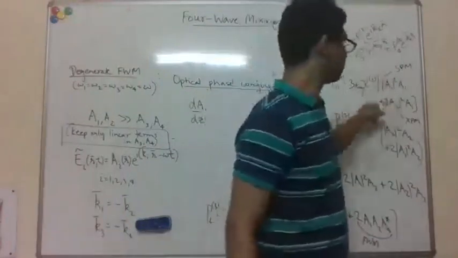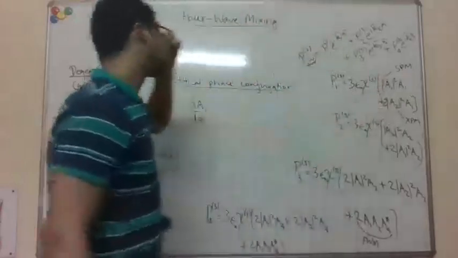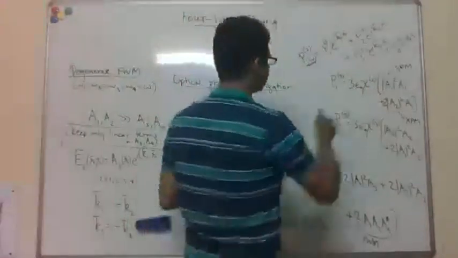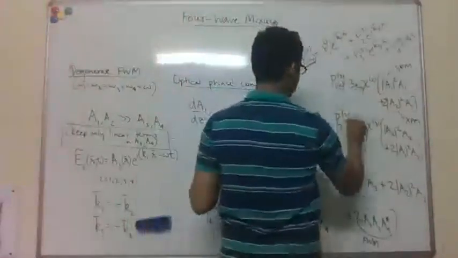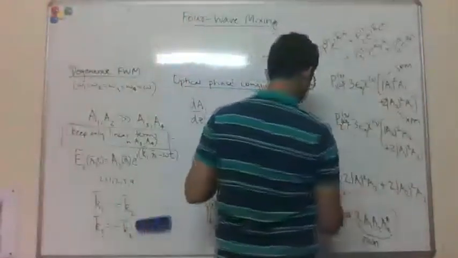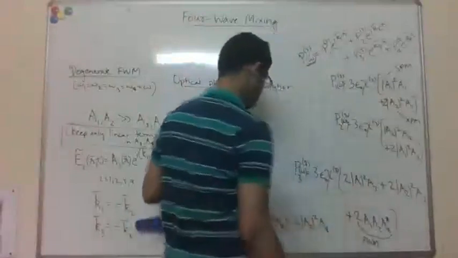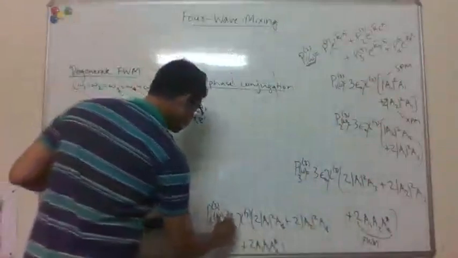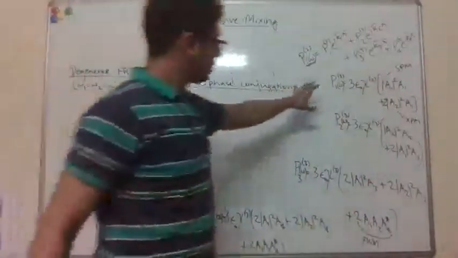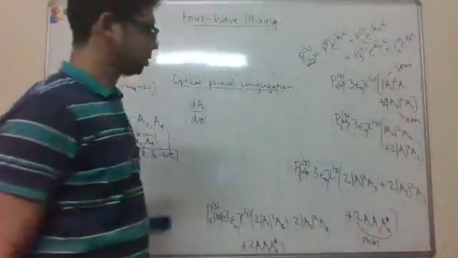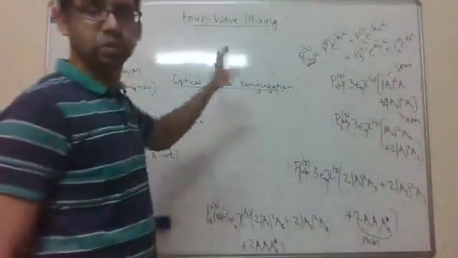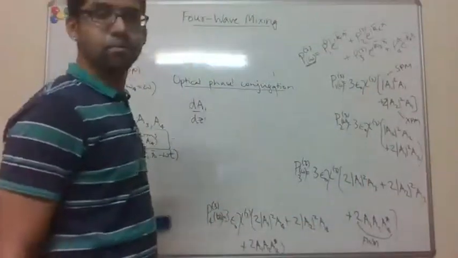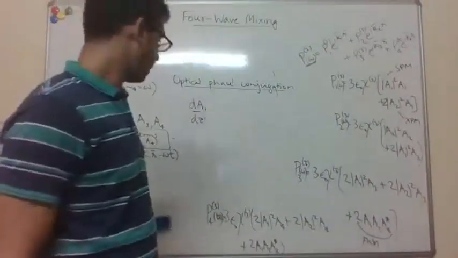That's why we didn't consider that. Maybe I should explicitly write this as at frequency omega. So then these are the only terms. I hope that's clear now. Yes, sir, clear.